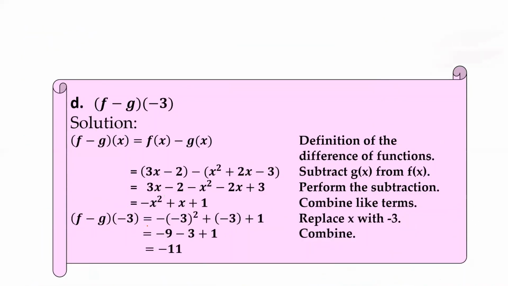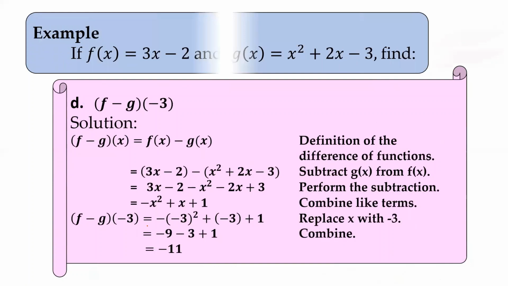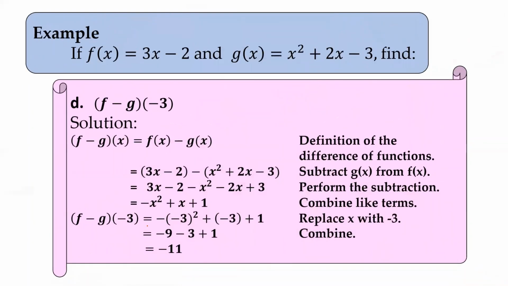Next, what about this? What about subtraction na naman? Again, first thing to do is you have to copy the definition. Ito, given lang ito. Define nyo lang ang subtraction or the difference.